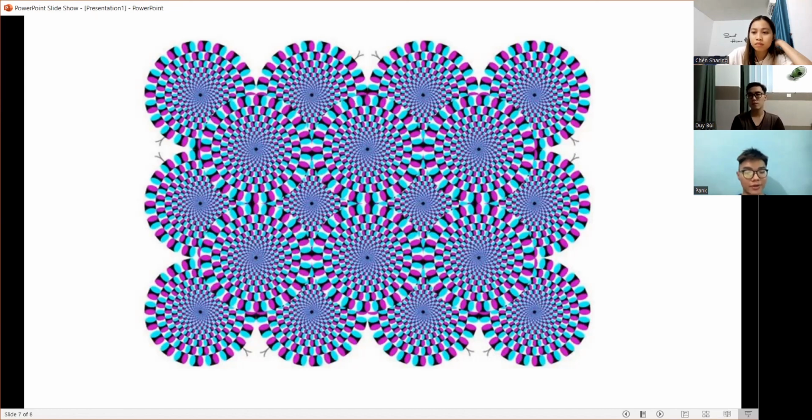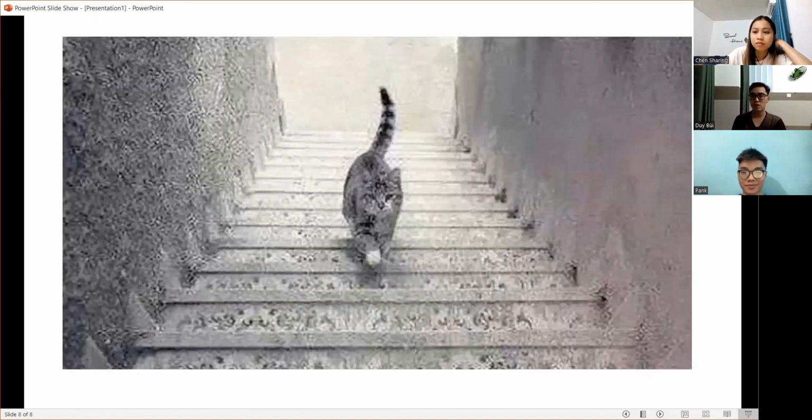And the second picture from me is a cat. The photo of the cat on the stairs went viral on the web and caused controversy in 2015. The strange thing is that when you look at the photo, one would think the cat was climbing up. Others are 100% sure the cat is going down.